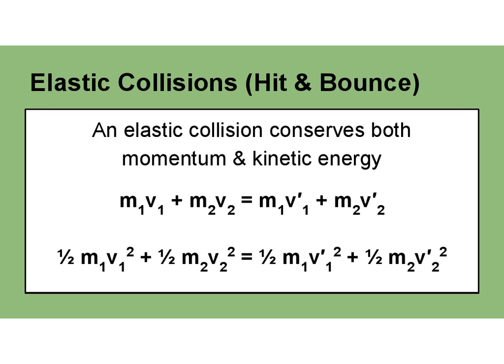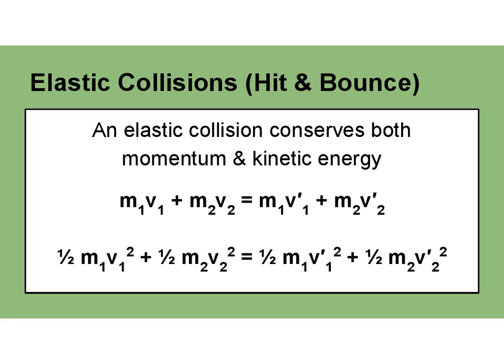The next possibility I'd like to present here is called the elastic collision. Remember, the other one was inelastic. This is the elastic collision, and hit and bounce is a good way to think about these. When 2 objects hit and bounce off of each other, then each will have its own individual speed, and in a perfect case, we call that an elastic collision.